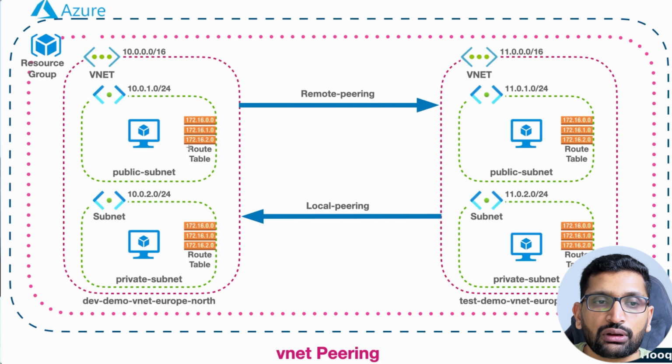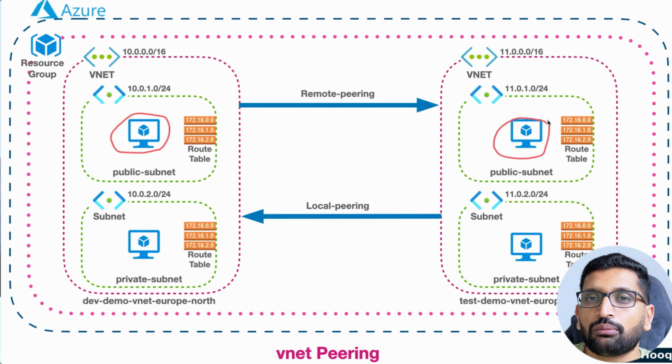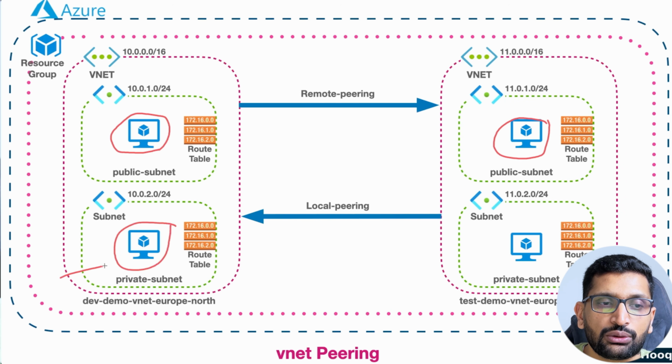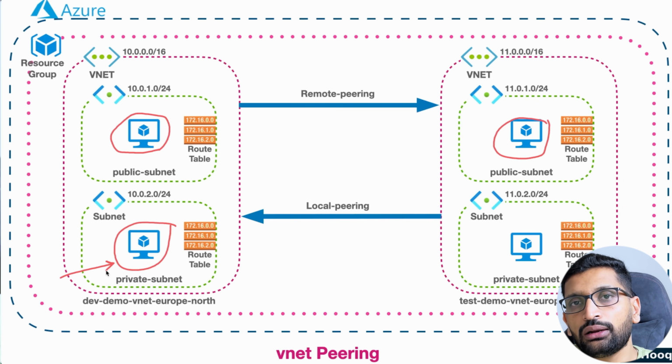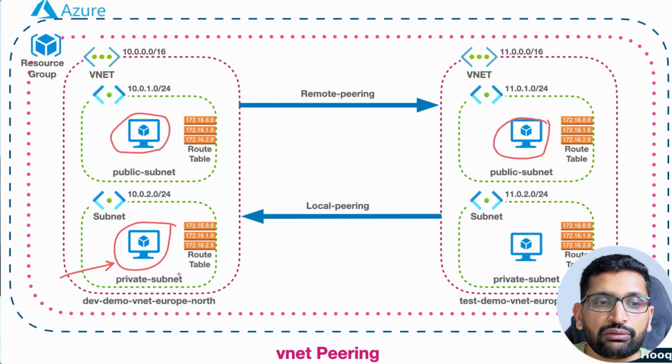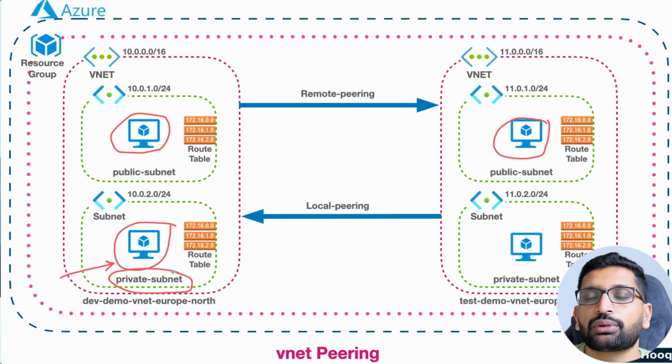As of now in the diagram, I have mentioned there will be 4 virtual machines, but instead of creating 4, I'm just going to stick with 2 virtual machines because the same connectivity will work for the other 2 as well. For that, I'm going to use the private subnet, because in a private subnet you don't assign a public IP.